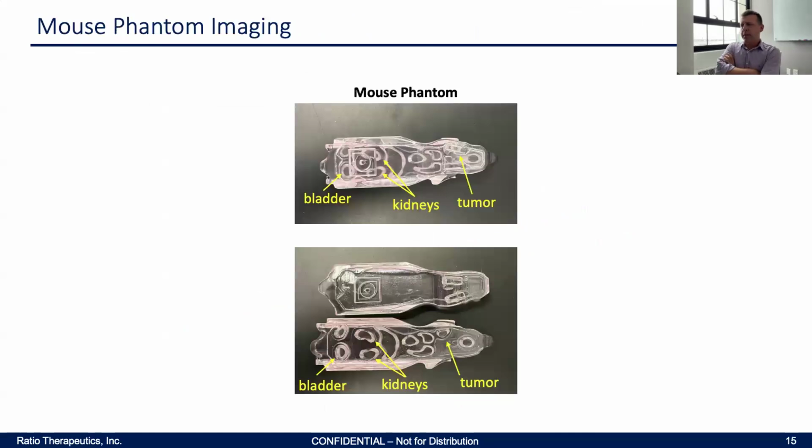And as a final step, we wanted to look at this mouse phantom, and we focused on activity in the bladder, in the kidneys, and in the tumor, with an attempt to use what we felt would be realistic amounts of activity to see how well we could recover those.